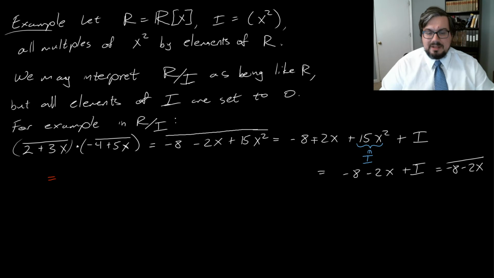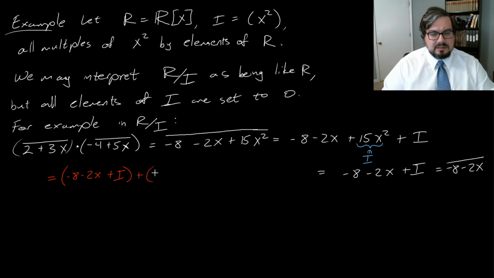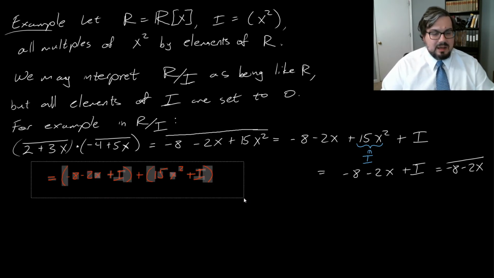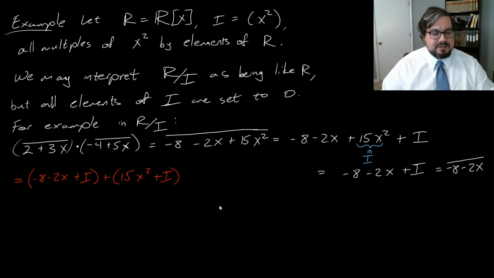But if we have negative 8 minus 2x plus 15x squared, all plus I, we can write that as negative 8 minus 2x plus I, plus 15x squared plus I. But 15x squared is an element of the ideal I, which means that the coset with representative 15x squared is the same as the coset with representative 0.